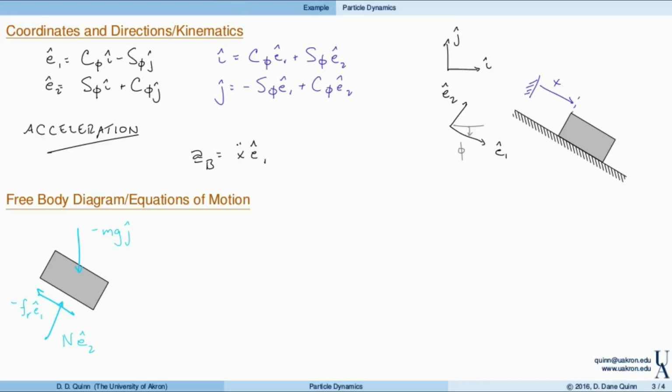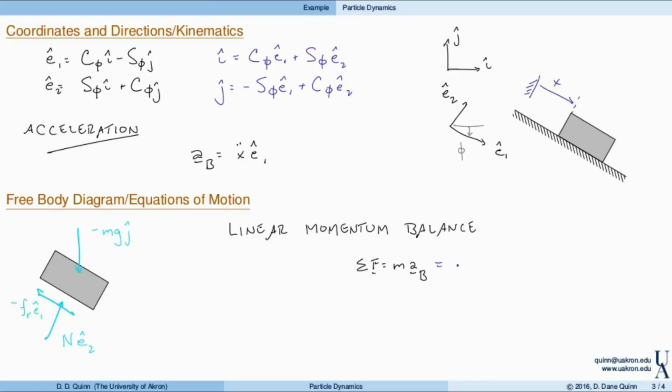So now, applying linear momentum balance, or sum of the forces is mass times acceleration. This is the equation of motion. These are the laws of mechanics that govern the behavior of systems. Then we can look at our free body diagram to identify the forces, and we've already written the acceleration in terms of the coordinates.